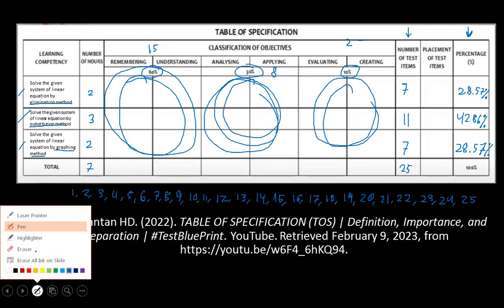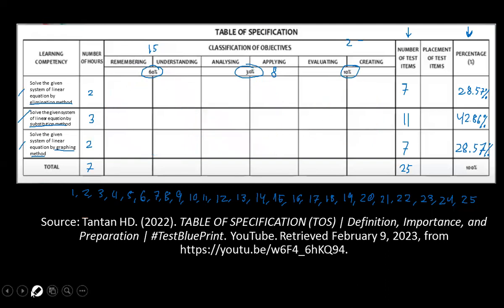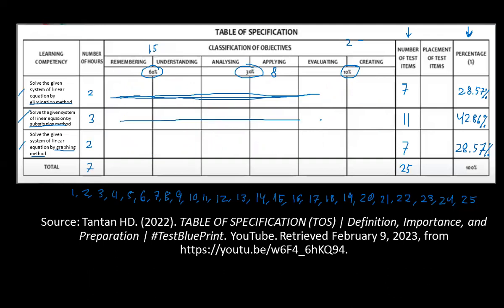Okay? Then, itong number of test items, di ba, 7, 11, 7. That means, sa first learning competency, dapat dito sa row na to, dapat total of 7 items lang siya. Dito sa second row, dapat total of 11 items.